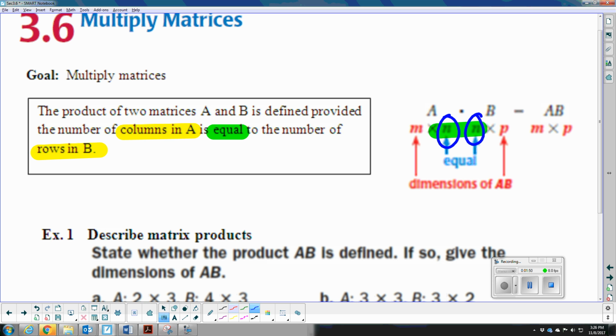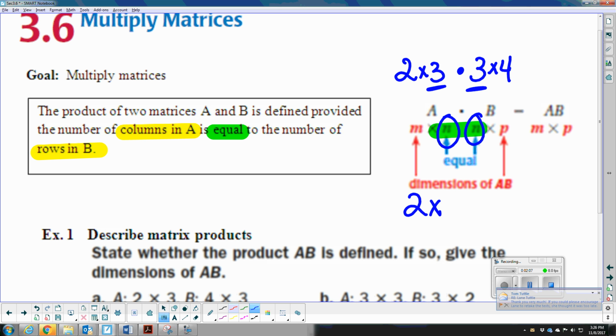Okay, so if we have a 2 by 3 matrix, we can multiply that by a 3 by 4 matrix because the columns in the first one are equal to the rows in the second one. But we cannot multiply a 2 by 3 matrix by a 2 by 3 matrix because the columns in the first matrix are not equal to the rows in the second matrix.